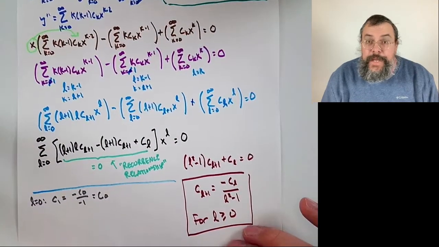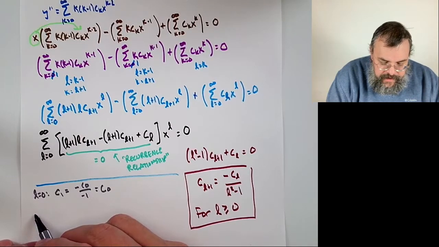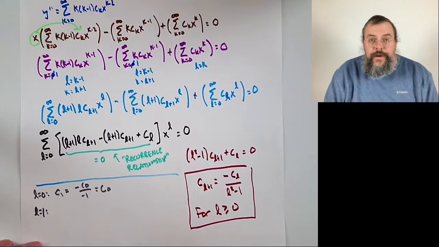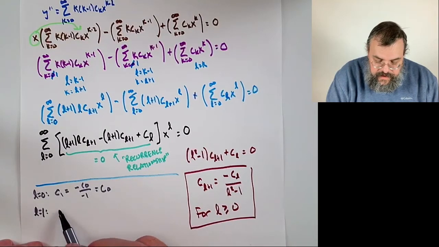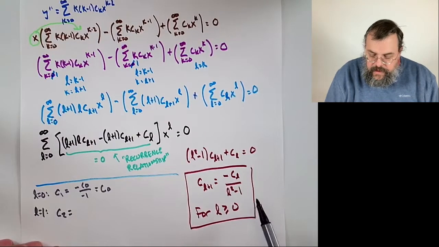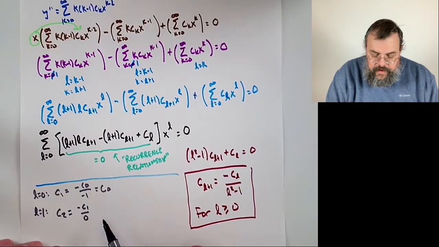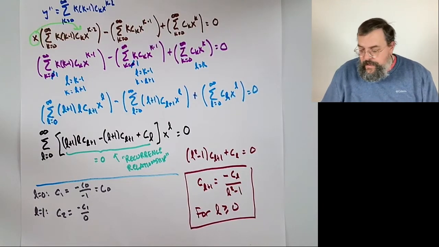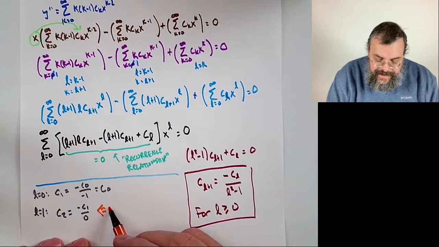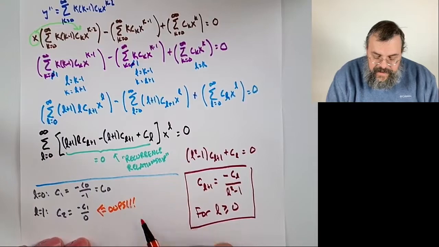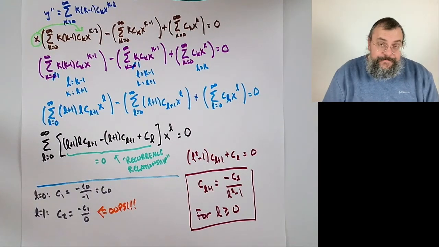But we keep going. All right, so that's L equals 0. Well, what about L equals 1? What does that tell us? Well, it says C2 is equal to minus C1 over 0. Now, in case you're wondering, what does that mean? That means, oops, that's not good because you can't divide by 0.